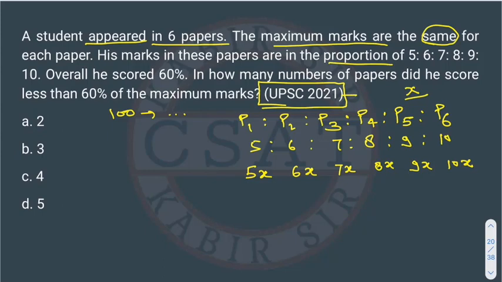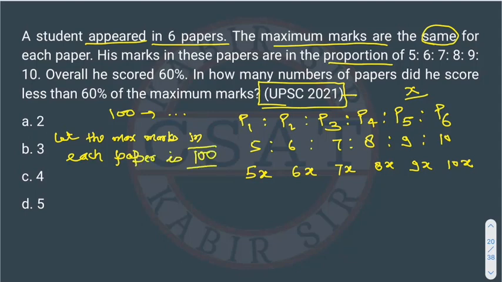So in total there are 6 papers. As I already told you, when we are solving percentage questions, what do we assume? Let the maximum marks in each paper be 100.